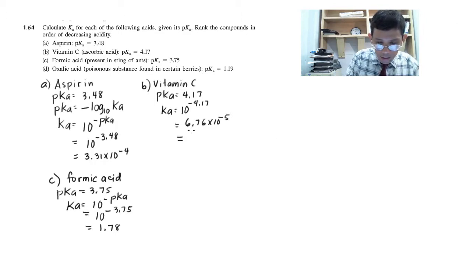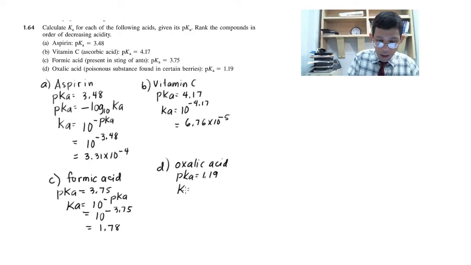You should get, oh, we're doing D, I'm sorry. D is oxalic acid. So oxalic acid, the pKa is 1.19.